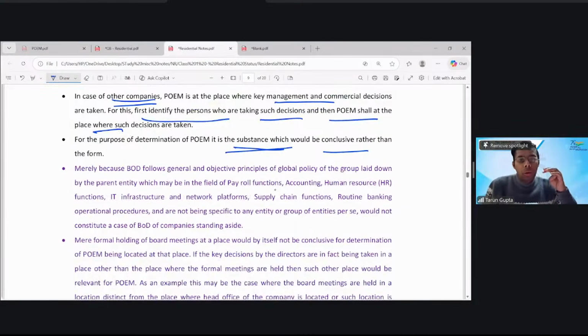Okay. So what happens in a global setup, a group which has global companies: the main company, the parent company, generally gives policies which are applicable for the entire group. It's for the consistency. This policy is for payroll, HR, banking relationship, IT infrastructure.